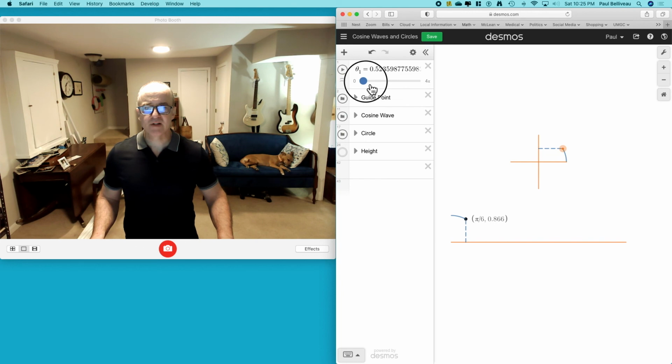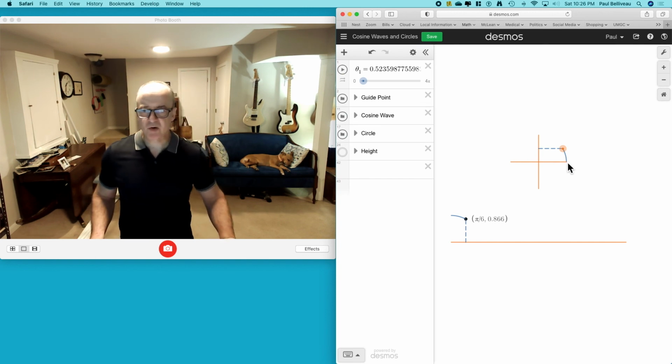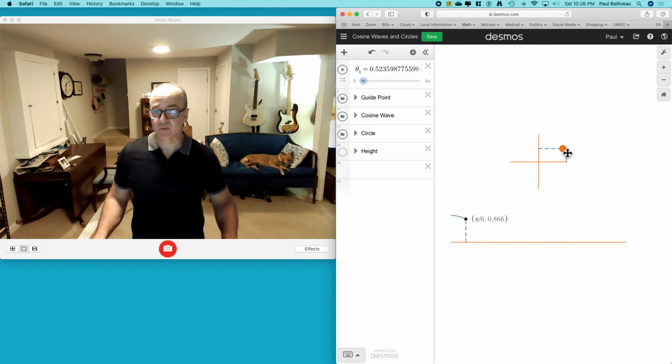Now, as you know, as you start going around the unit circle, as you go from 0 up to, say, 30 degrees again, what you've done is you've shrunk this horizontal distance. If you start at 0 degrees and you walk your pi over 6 radians up to 30 degrees, you're getting closer to the y-axis. This horizontal distance is shrinking.